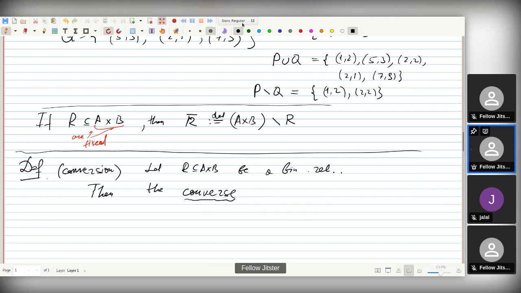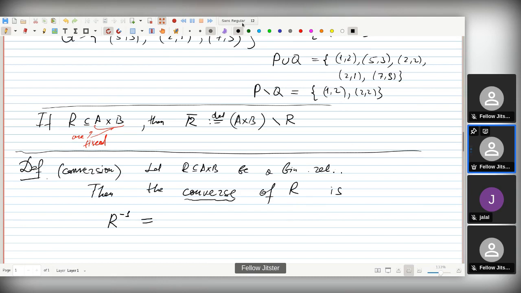It is better to call it the converse. The converse relation of R, or just the converse of R, is denoted R to the power minus 1.